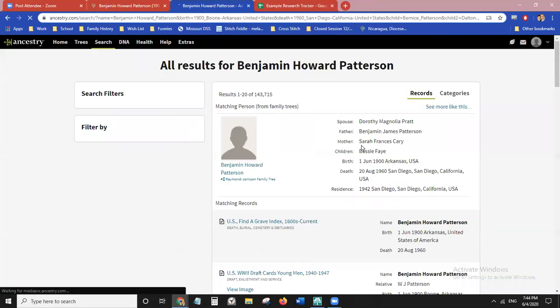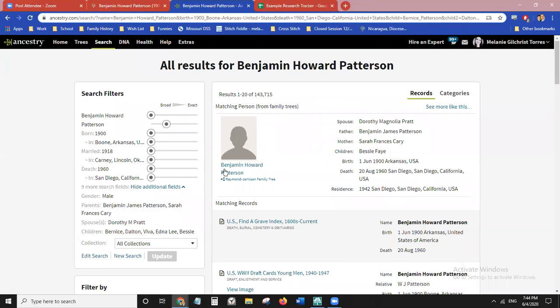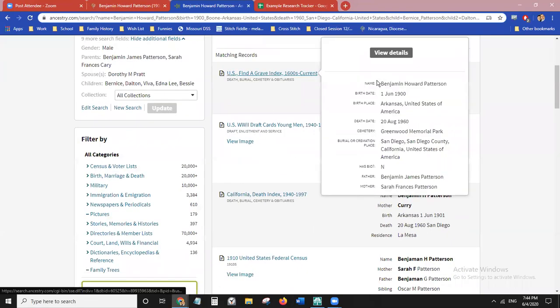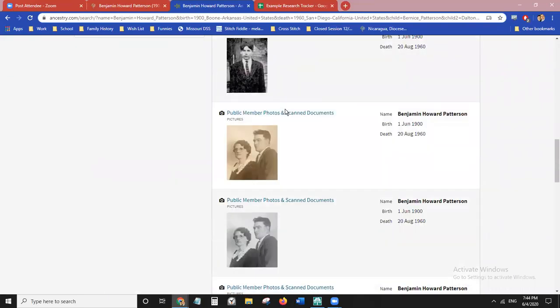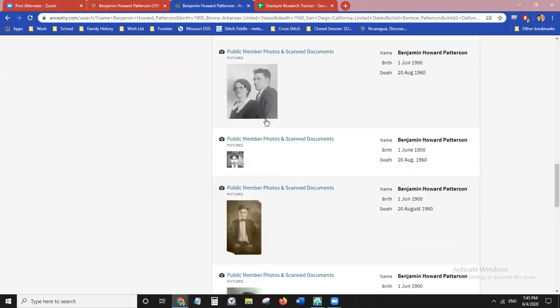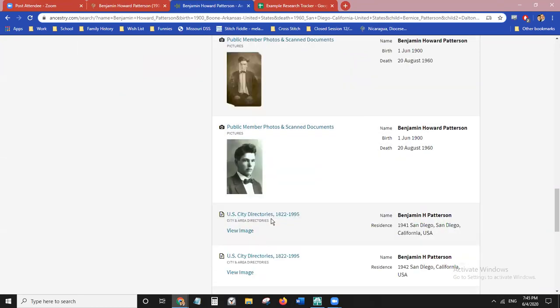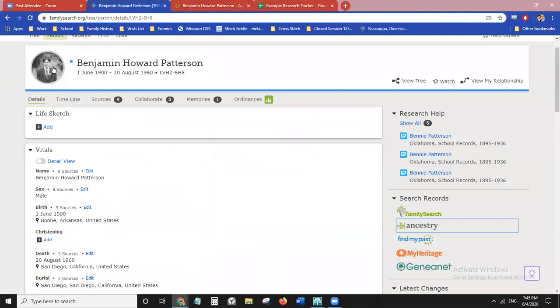And when I'm searching, it's pulled up somebody's family tree. It has a full name for his wife. It has some good information here, so I could check that out. We've got all this good stuff. And then we get down here and there's all sorts of wonderful pictures for my ancestor, when I only have this little one.